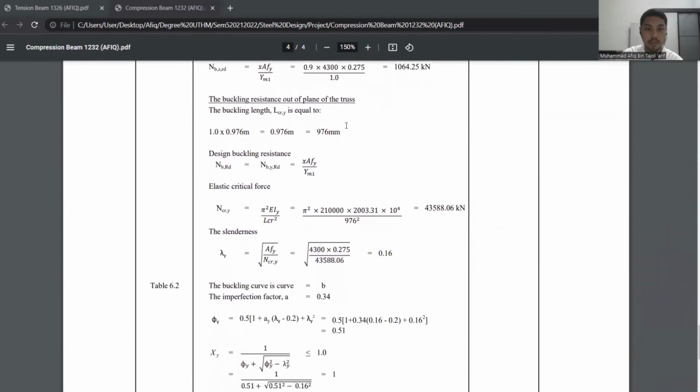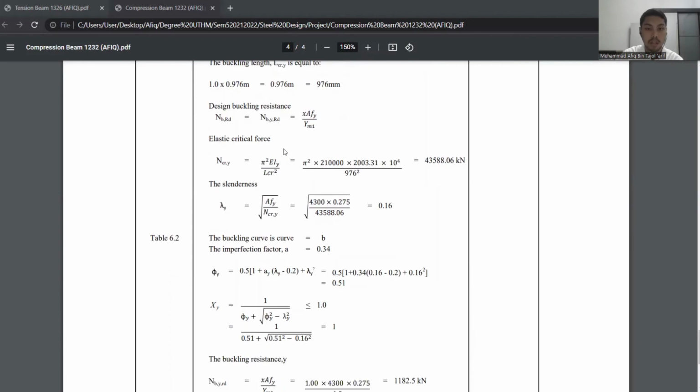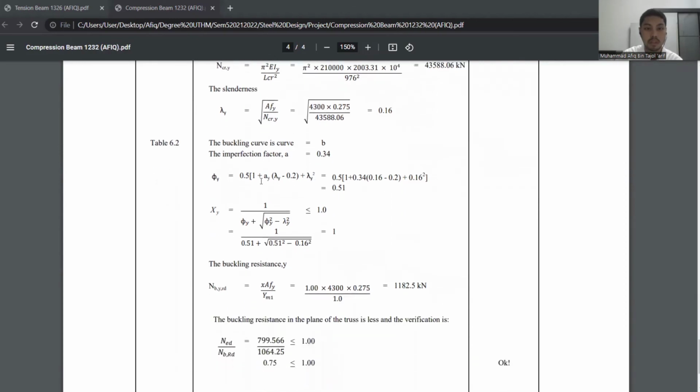Then for the buckling resistance for out-of-plane, the buckling length Lcr,y is 0.976 meter. Then the elastic critical force Ncr,y we got is 43588.06 kN and the slenderness lambda y is 0.16.